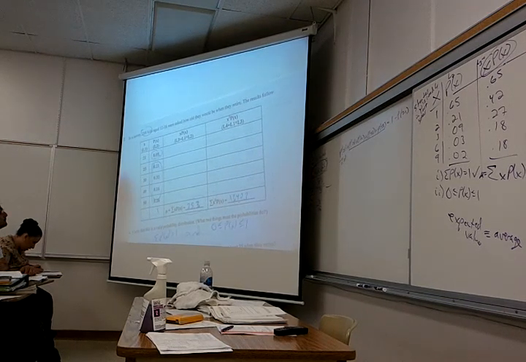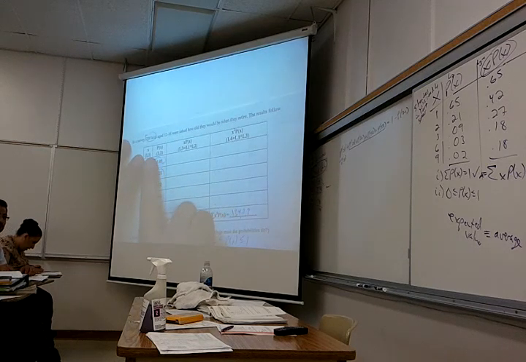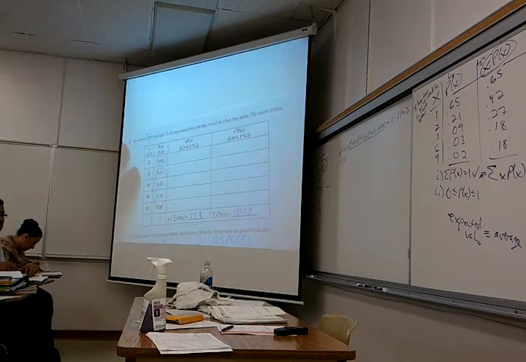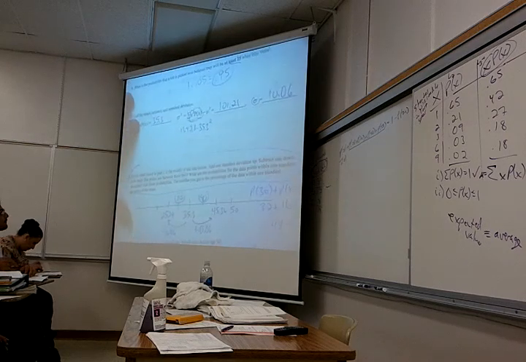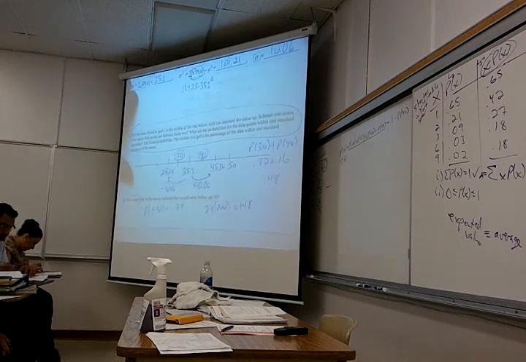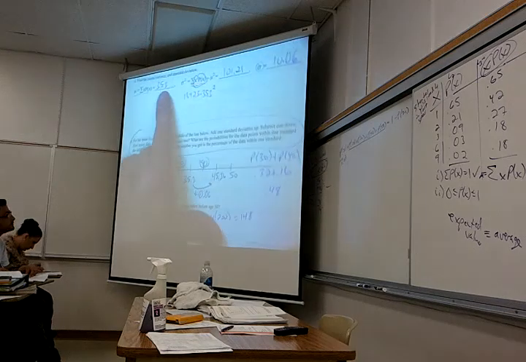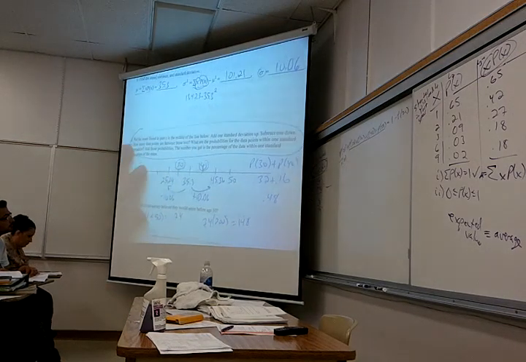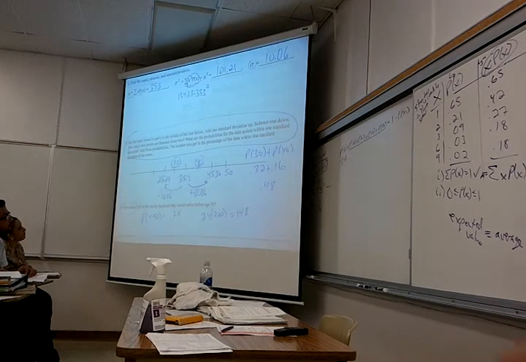And if you really wanted to, you could do L1 squared times L2 to get this one. I don't care, whatever gets you X squared times P of X. So I'll have to know the X P of X. These are two formulas that you can now add to your formula sheet. On the day of review, those are two that I'll say you can put on your formula sheet.